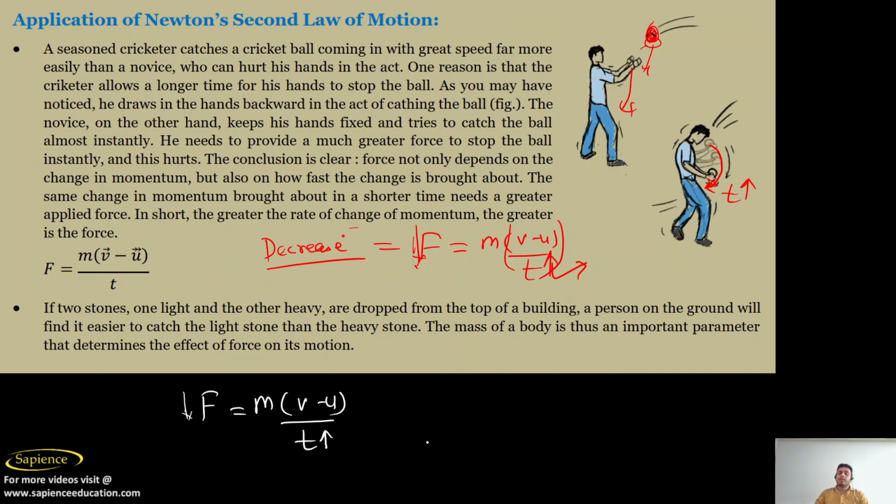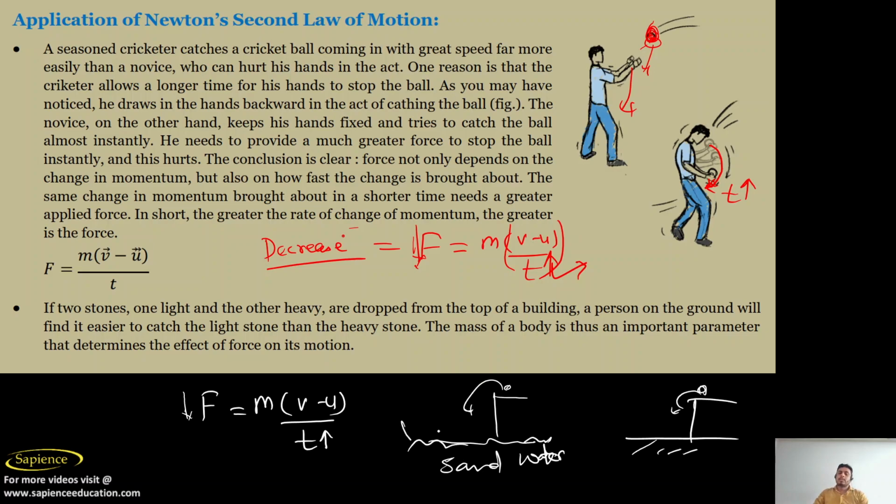Second case, if you jump onto sand or onto concrete, definitely you will prefer sand or water if you want to jump from the highest floor or a floor above, or from some distance. You don't prefer the concrete case. Why?